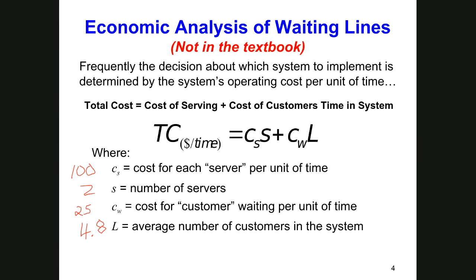So in order to calculate the total cost of this doctor's system with 2 doctors, it is 200 plus 25 times 4.8.